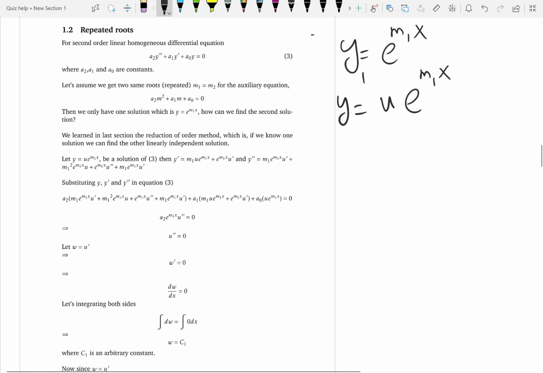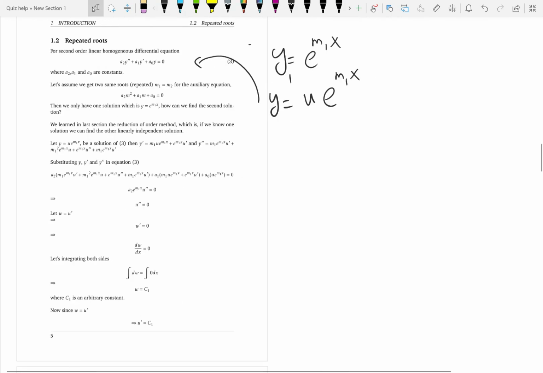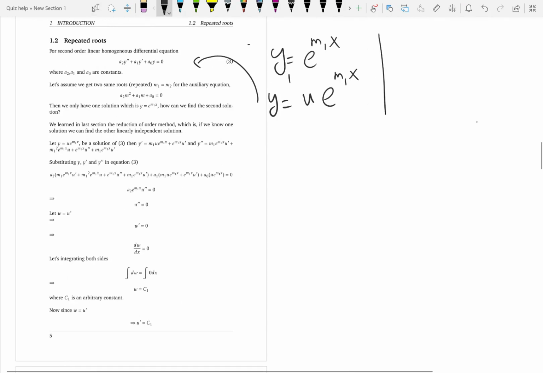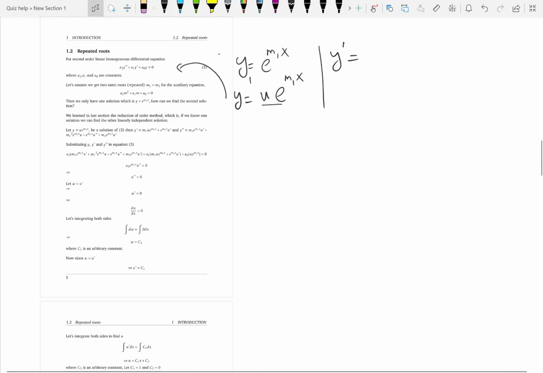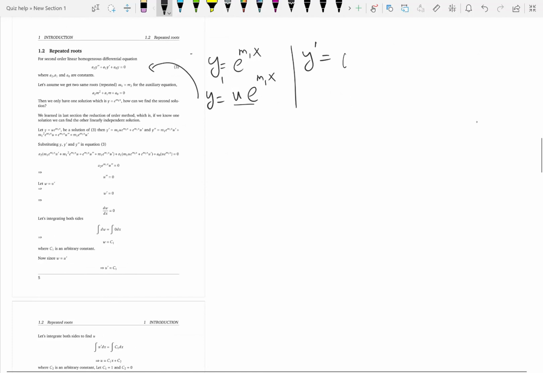Now what we do is we substitute this into the differential equation. But to do that, we have to find y prime. So if you differentiate this, what do we need? Product rule. So u prime e to the m1x plus m1 u e to the m1x.